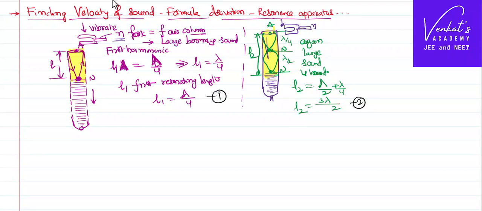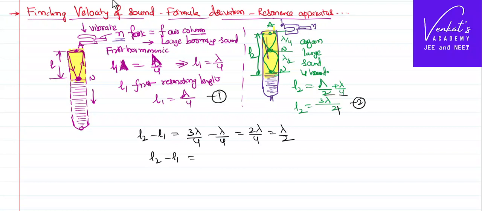L2 is definitely larger than L1. So let me take L2 minus L1. That is 3 lambda by 4 minus lambda by 4, that is 2 lambda by 4, that is lambda by 2. So L2 minus L1 is found as lambda by 2.